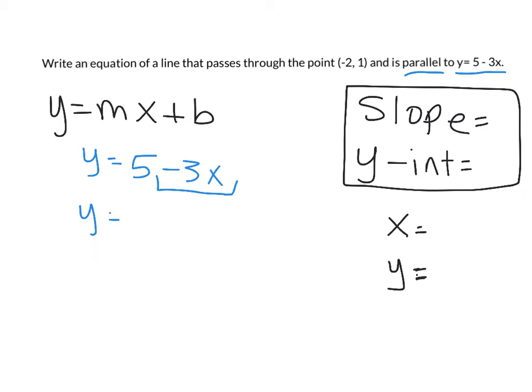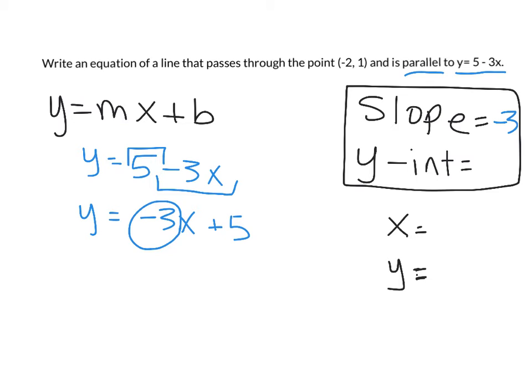So y equals -3x, and then this 5 is positive, so we'll write plus 5. So we've rewritten the equation of the line that it's parallel to. We can see that it has a slope of -3, so we know that our line will also have that same slope since they're parallel.